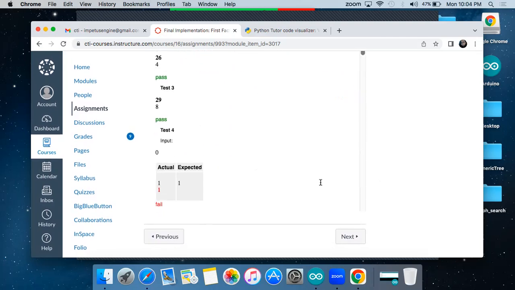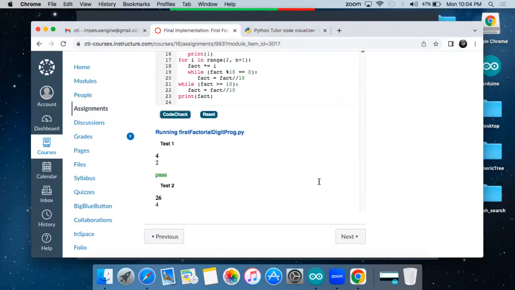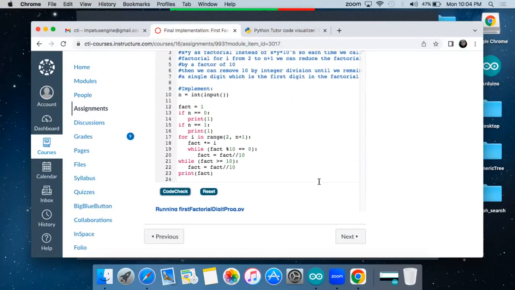We passed all the tests, the inputs. So the input 0. Oh, sorry, we have to not go into this loop. It's better to put this into a function and return so it doesn't show up here.